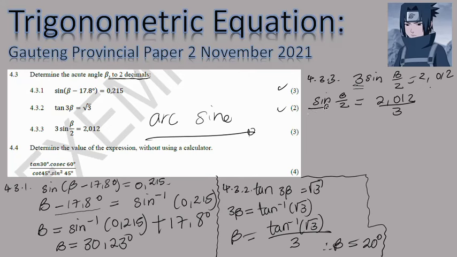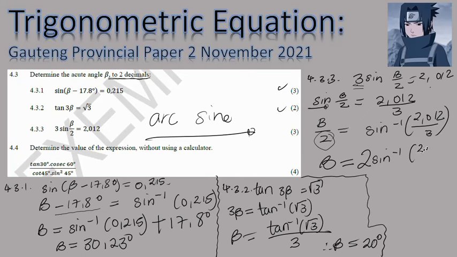Afterwards, I remove the sine by the arc sine. Now here I have the arc sine of 2,012 all over 3, right? And then now I remove the 2 and get it to the other side. To remove the 2, I'll multiply both sides by 2. So here I'll have 2 multiplied by this arc sine of 2,012 over 3.